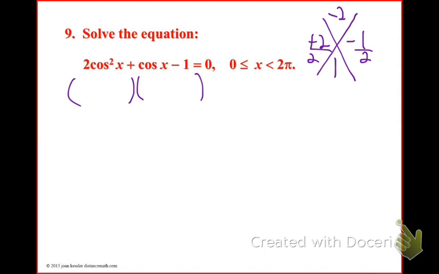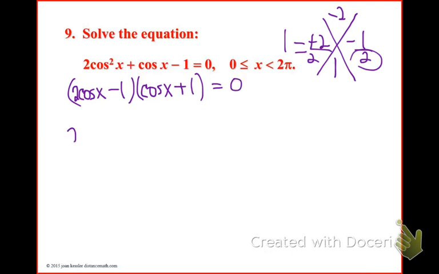So the denominator of 2 is going to come back over here. So we're going to do 2 cosine x minus the 1. So that's this one over here. And then over here will just be the cosine x. And then this one, remember, was just plus 1, or plus 1 equals 0.